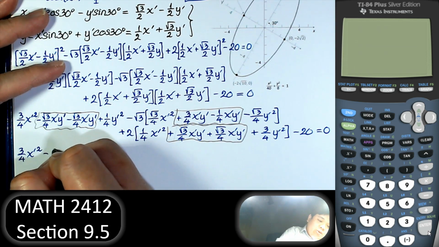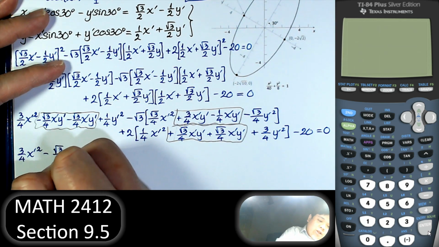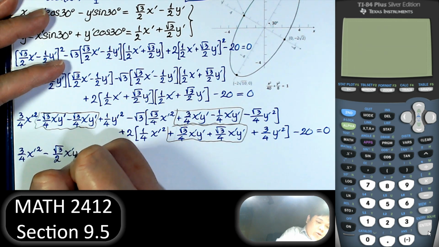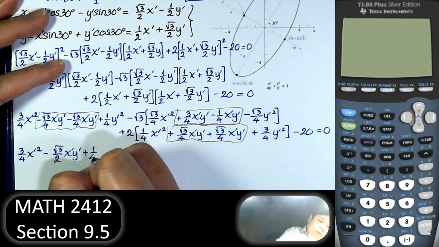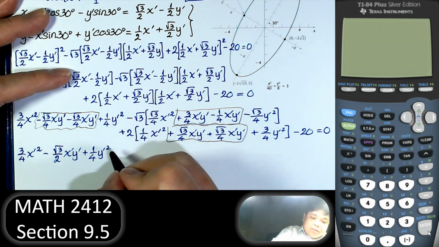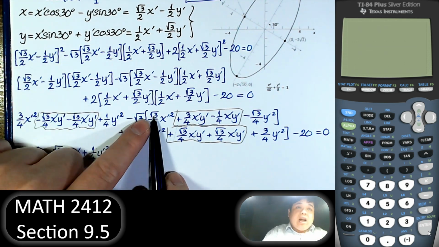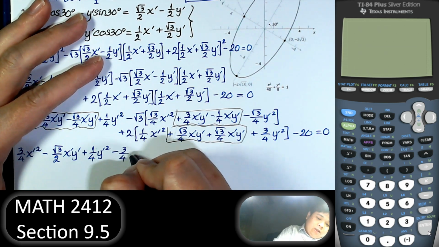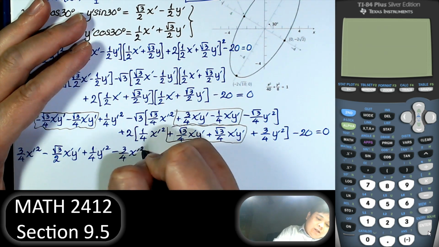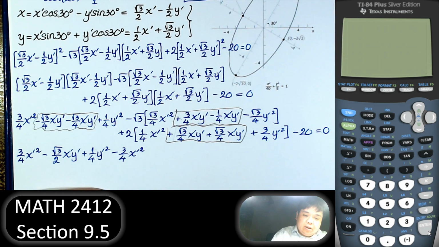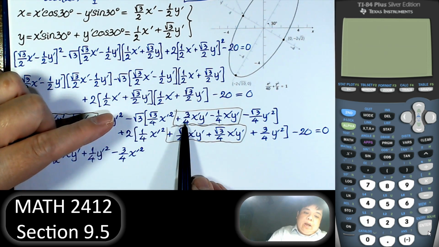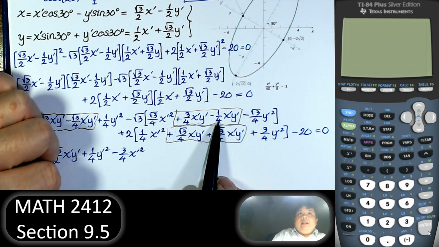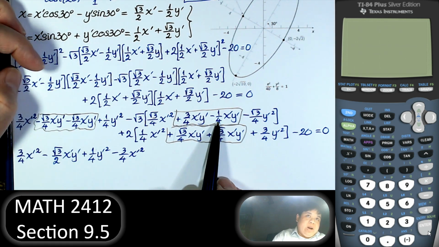We have minus square root of 3 over 2 x prime y prime and 1 over 4 y prime squared. Now, square root of 3 times square root of 3 is 3 over 4, so that's just minus 3 over 4 x prime squared. Three fourths minus 1/4 is 2/4, which is 1/2.